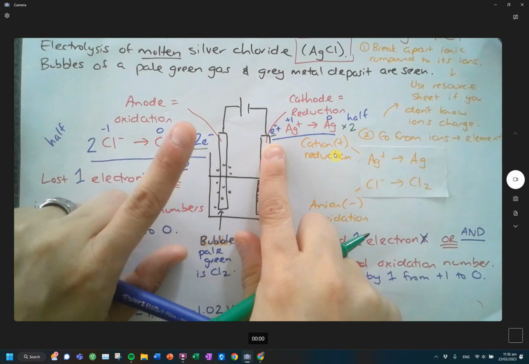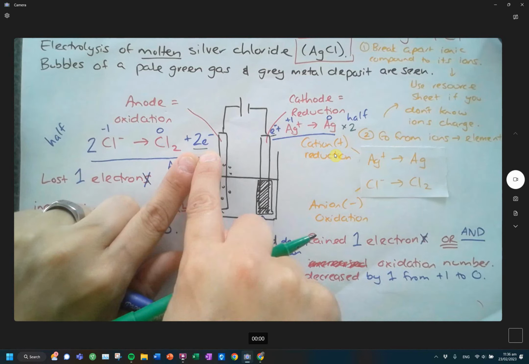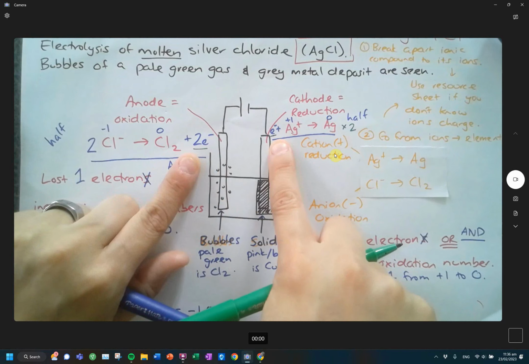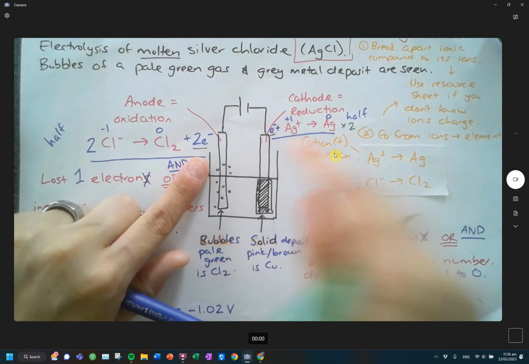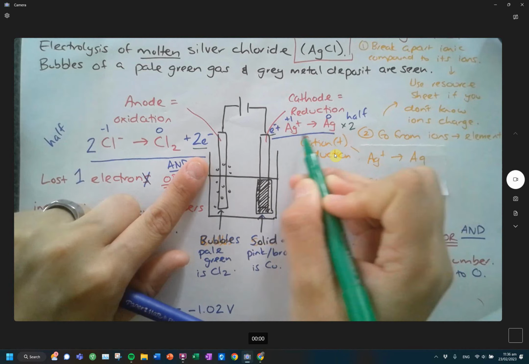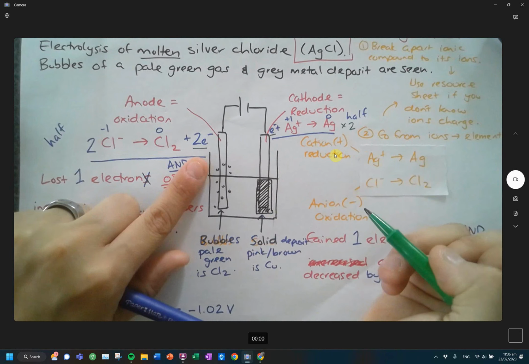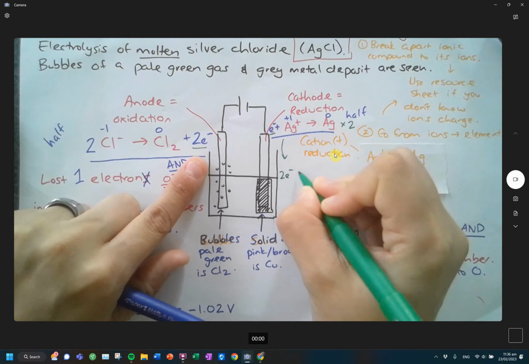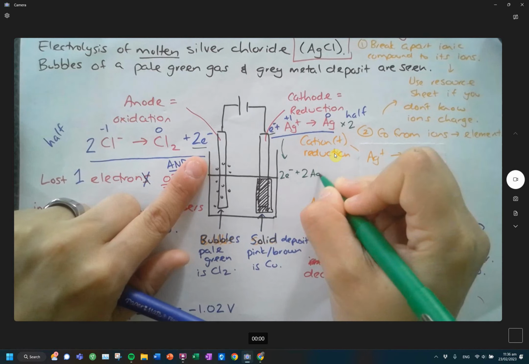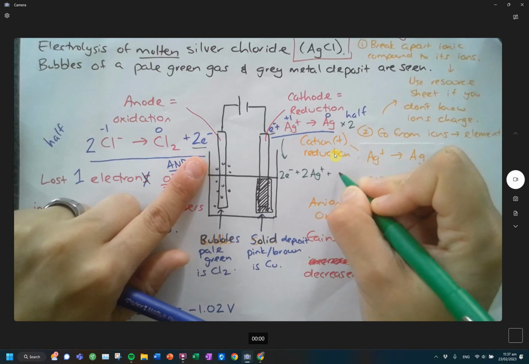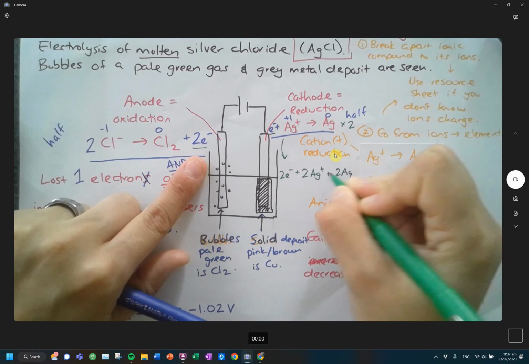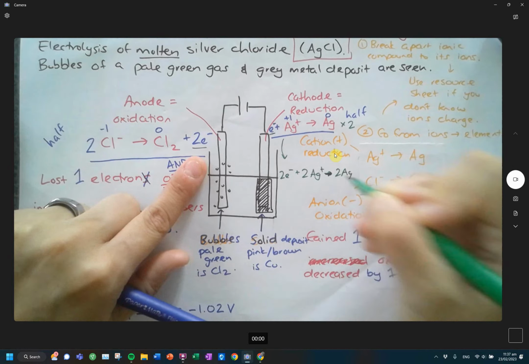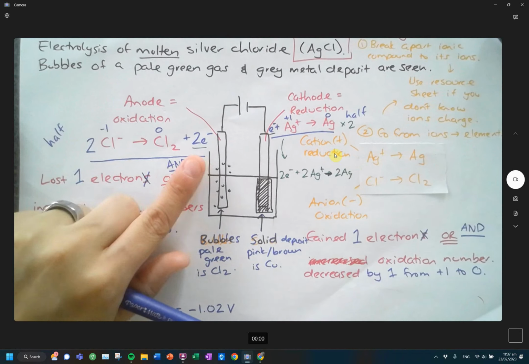All right, I'll backtrack. This equation has 2 electrons. This equation only has 1. I need those electron numbers to match, so I'm multiplying this whole equation by 2. So when I multiply that equation by 2, I would have 2 electrons plus 2 Ag+ arrow 2 Ag. That's what the multiplication by 2 is.